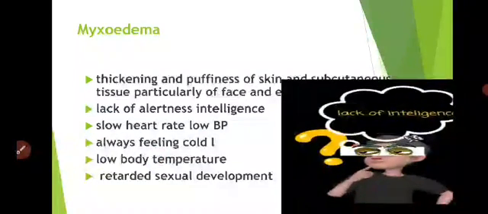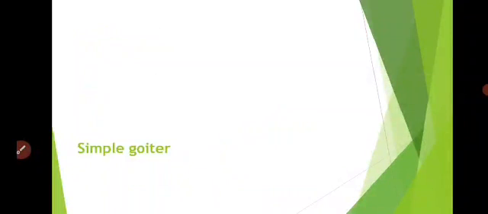So lack of intelligence occurring due to deficiency of thyroxine hormone, such a condition is called myxoedema.